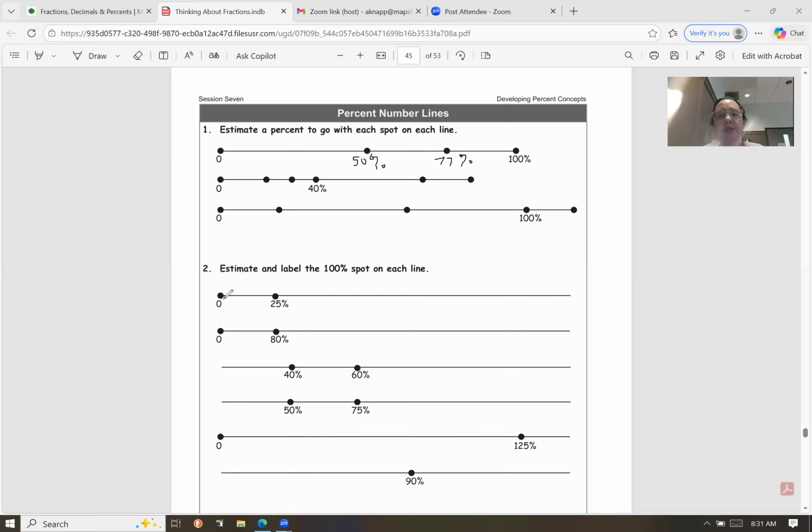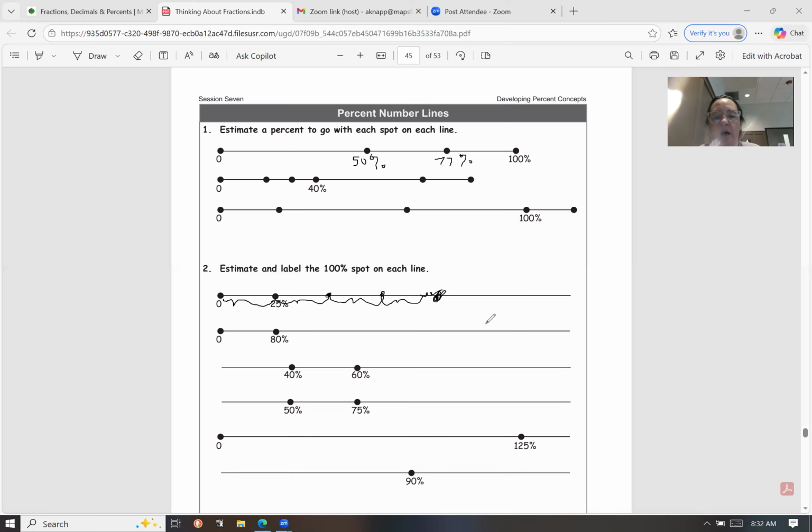You can use a ruler to measure this or a piece of paper to mark off how long that is. If that's 25%, you can count by 25%. Then we would have 50% is about here, and then 75 is about there, and 100% would be about here.